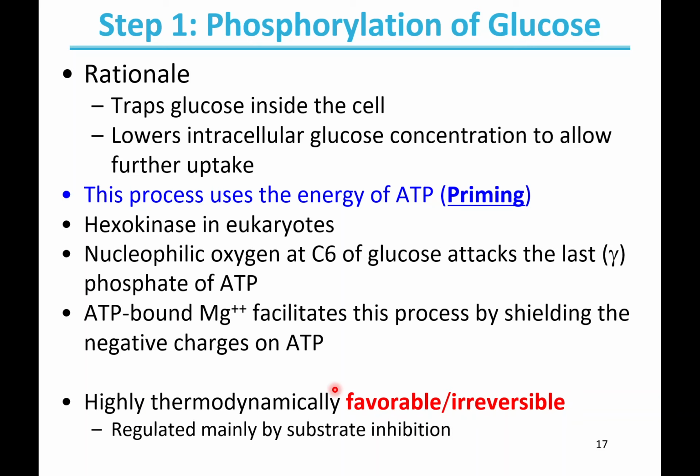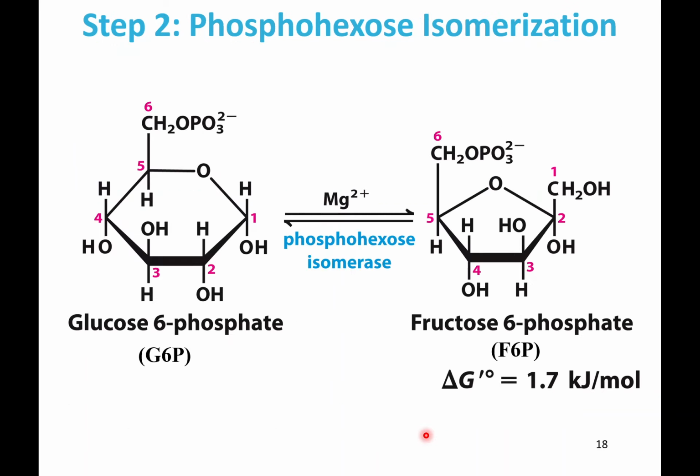And this is highly thermodynamically favorable, which makes it an irreversible step. It's regulated mainly by substrate inhibition. And we'll talk about the regulation of glycolysis in a later lecture, so don't feel like you have to understand that quite fully yet.